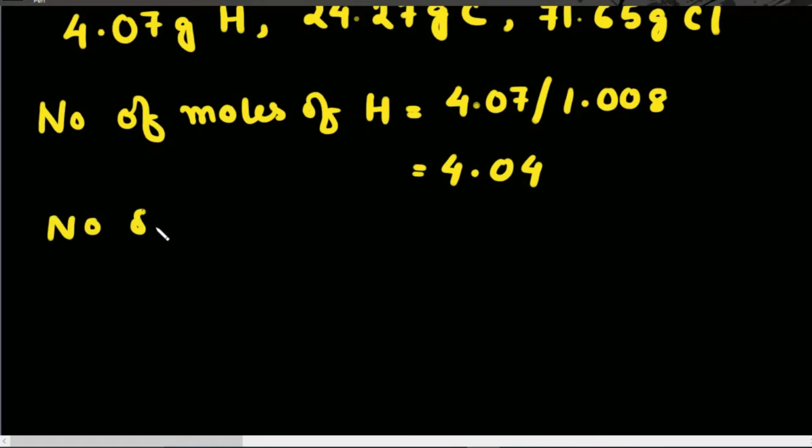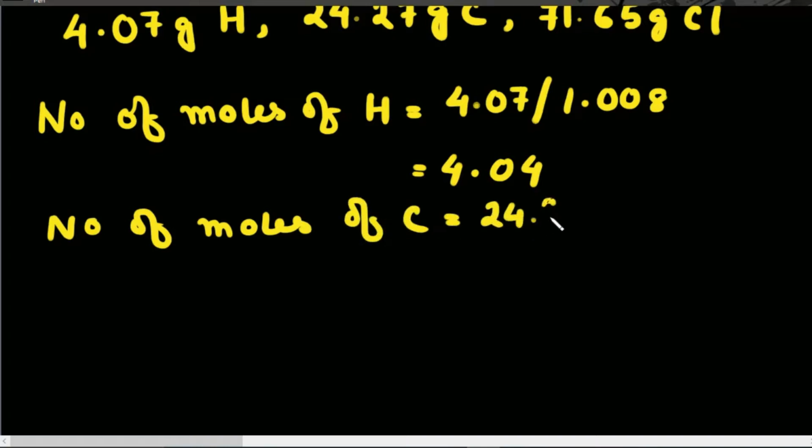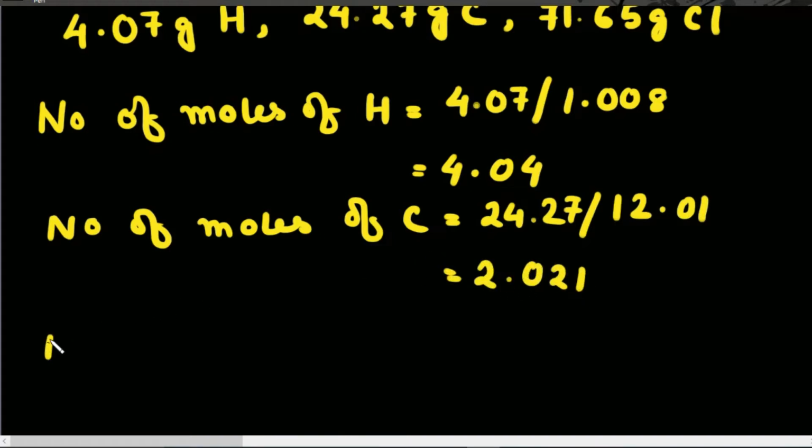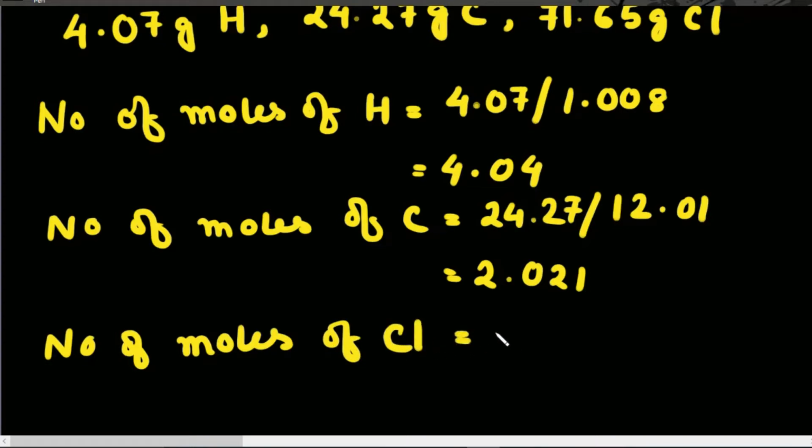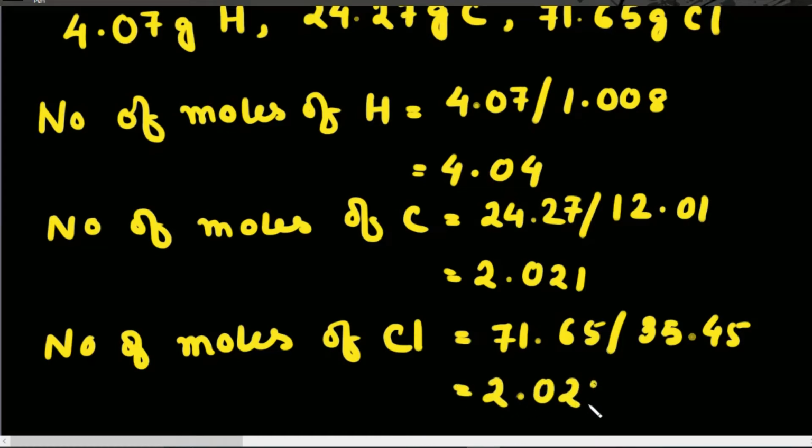Next, number of moles of carbon is equal to given mass divided by molecular mass, that is 24.27 divided by 12.01, which is equal to 2.021. And at last, number of moles of chlorine is equal to given mass divided by molecular mass, that is 71.65 divided by 35.45, which is equal to 2.02.